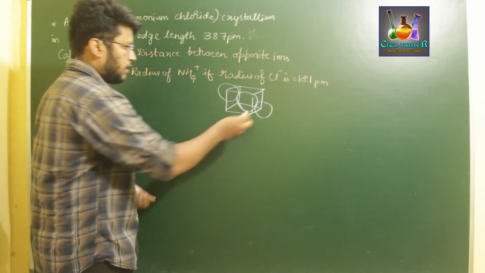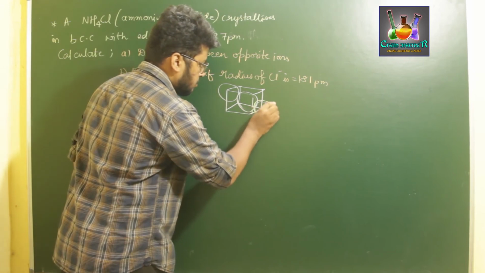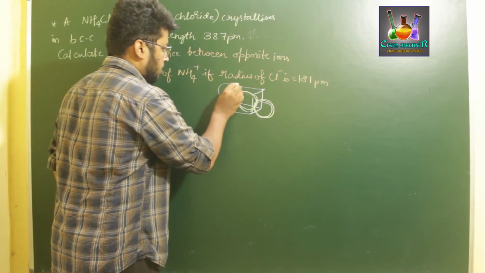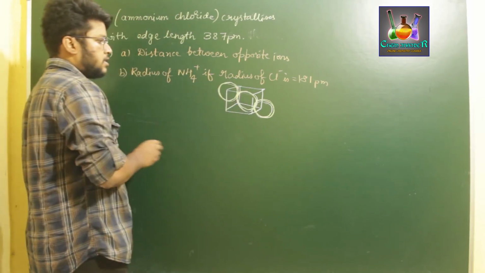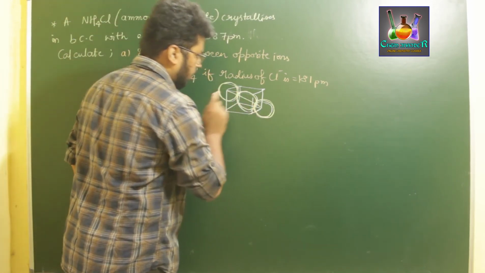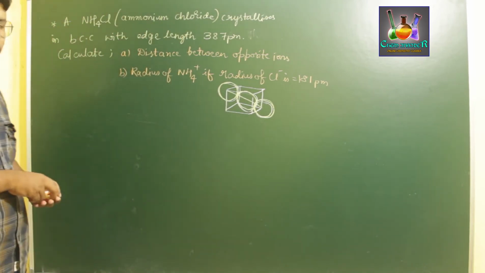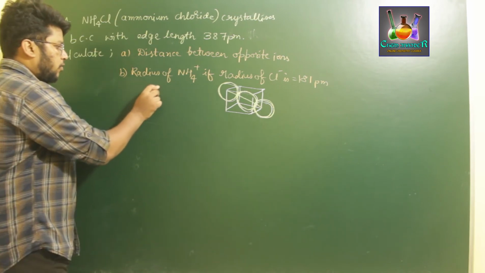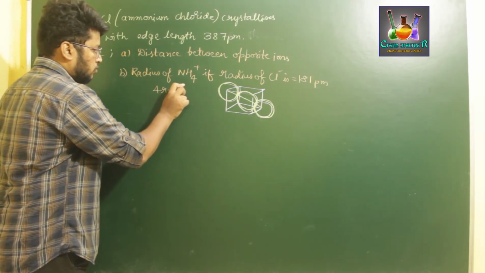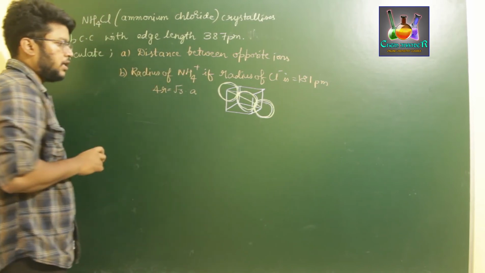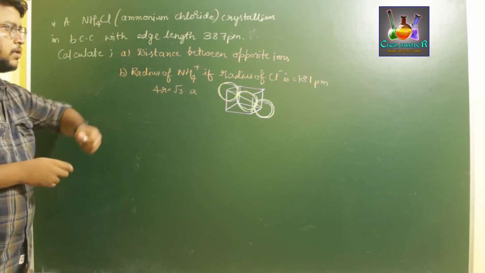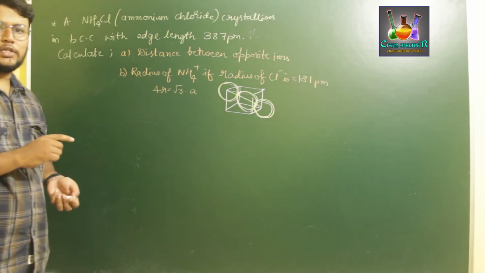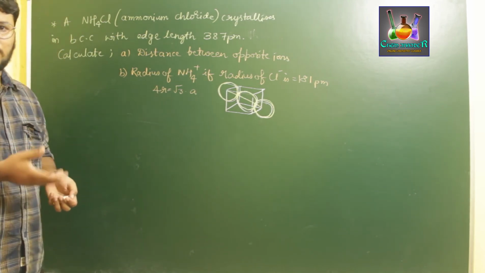So if these are the particles, the atoms present in the BCC are touching one another along the diagonal of a cube. That means we can consider the previous equation, 4r is equal to root 3 into a, to determine the radius. Here r is of both cation and anion.